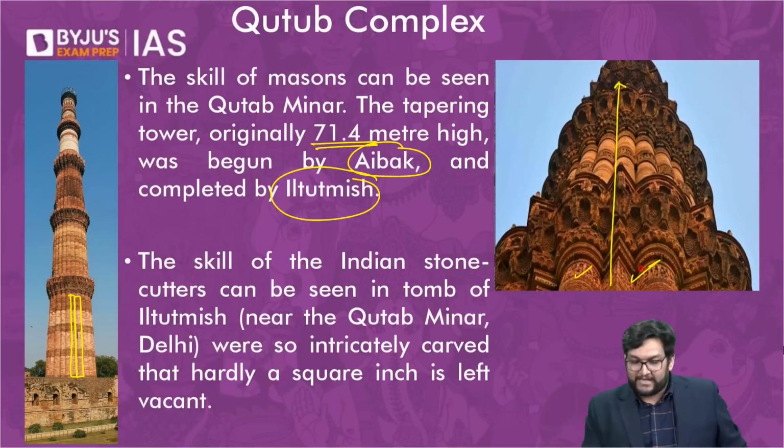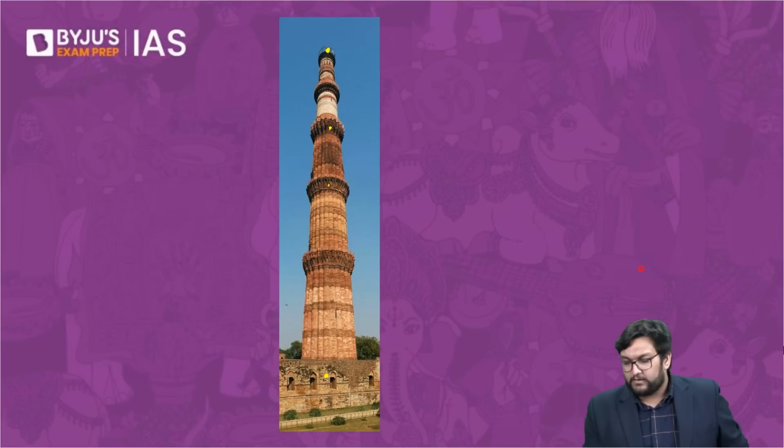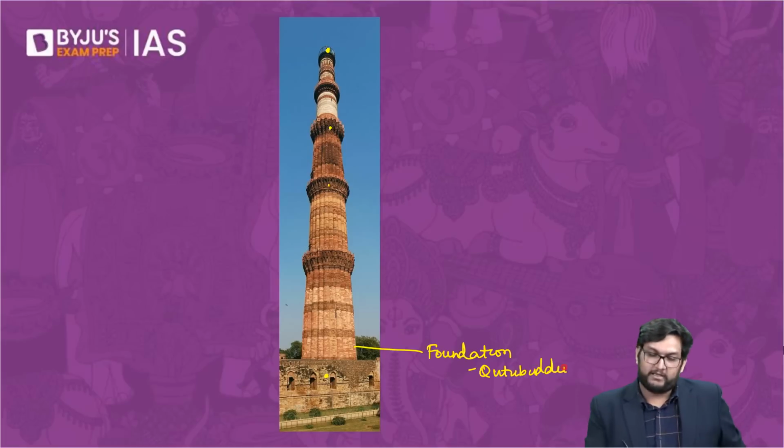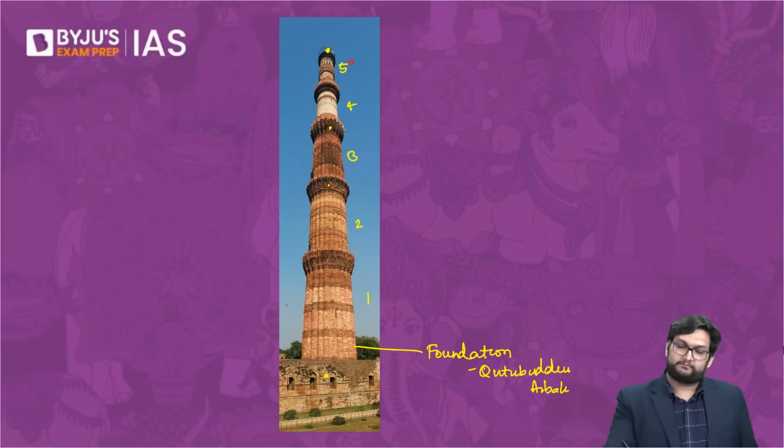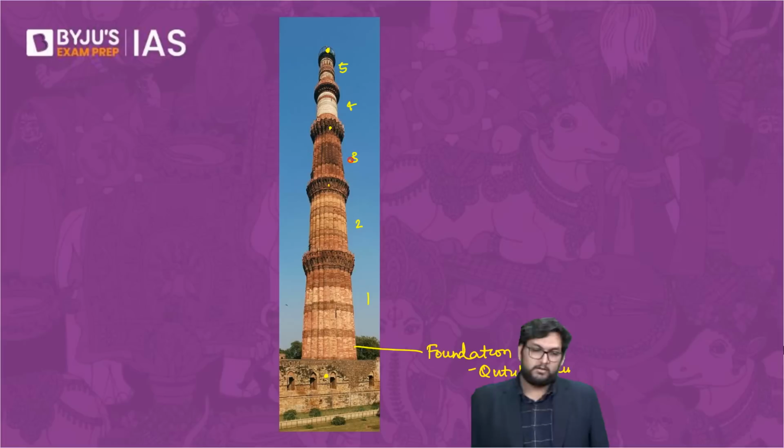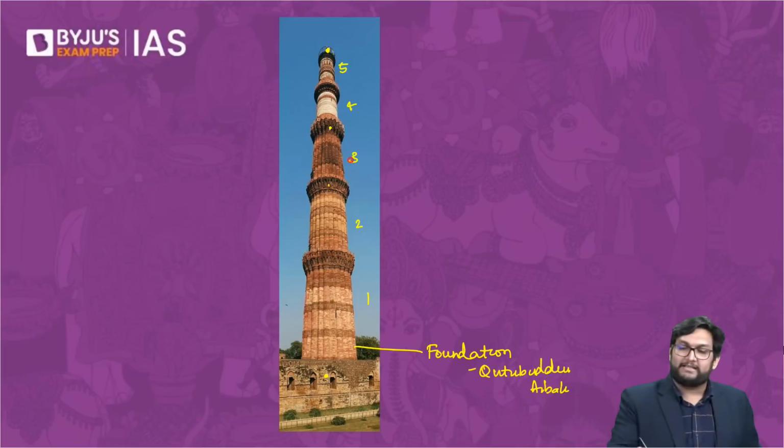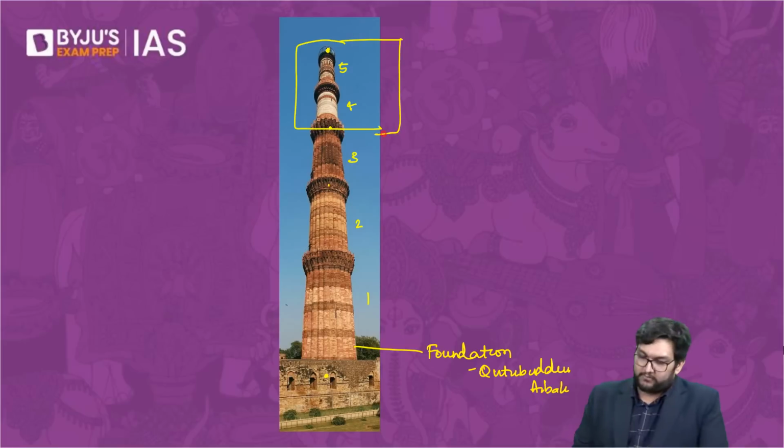Now, it is believed that the foundation was laid by Qutubuddin Aibak. But tell me one thing: 1, 2, 3, 4, and 5. Are all these parts identical to each other? No. Here, 4 and 5 are different. And the reason for that is, the Qutub Minar foundation was then completed by Iltutmish.